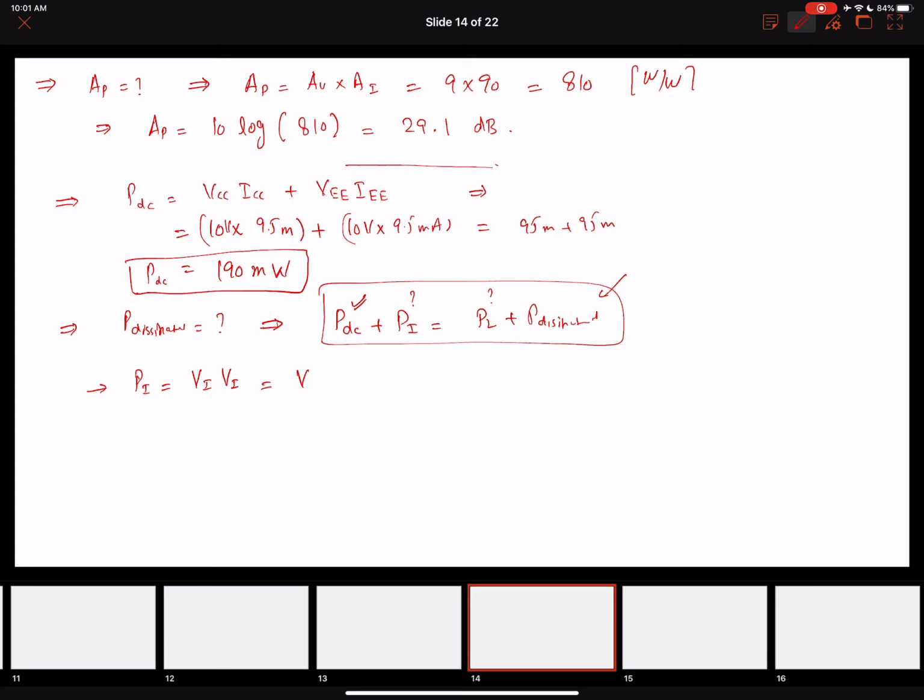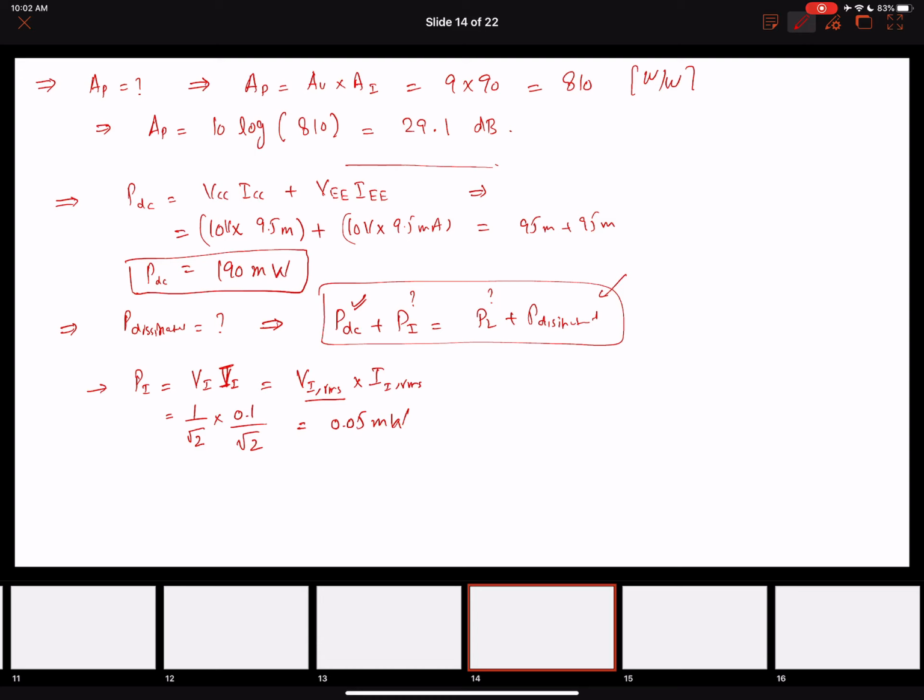So it will be V RMS multiplied by I RMS. Input voltage was 1 volt peak, so RMS is going to be 1 over square root 2, and input current was 0.1 milliamperes, so divided by square root 2. The answer for the input power drawn from the source is 0.05 milliwatts.